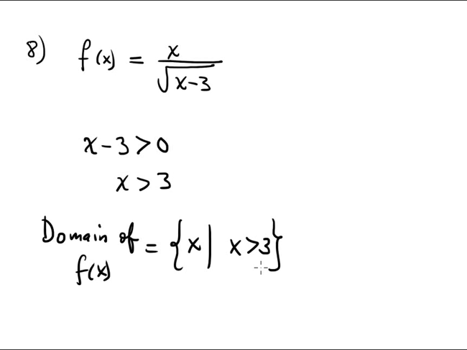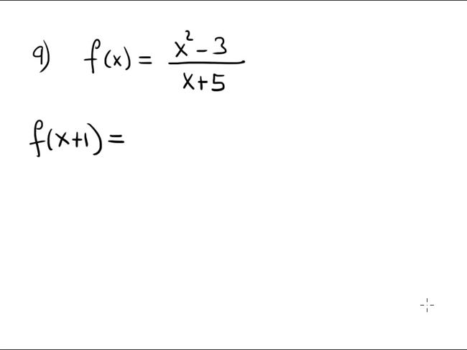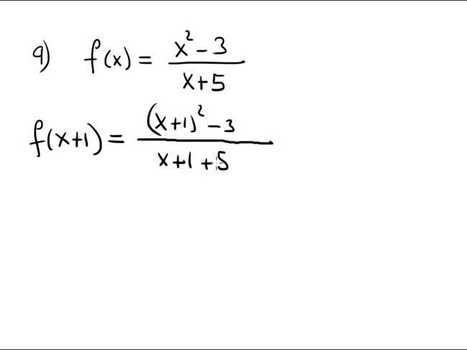What is the answer? Okay, if f of x is equal to this expression, x squared minus 3 over x plus 5, I need to evaluate f of x plus 1. So this is just replacing. This is x plus 1 squared minus 3, over x plus 1 plus 5.